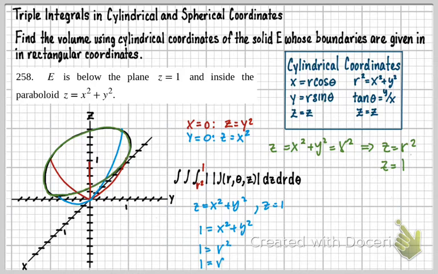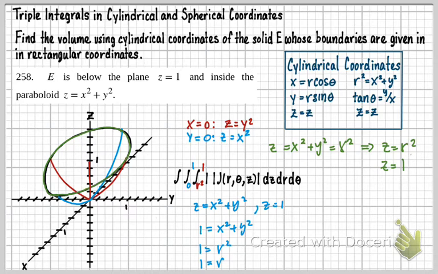So as far as the radius is concerned, it's going to run from 0 out as far as 1. Because we're always starting from 0 with those, unless we have a hole in the middle of our volume. But since there's not a hole in the middle of the volume, it's starting from 0 and going to 1.